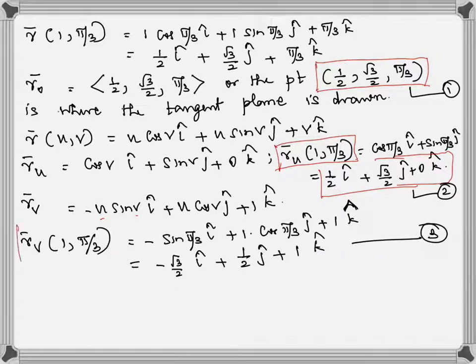We can get the cross product of these two in order to get the normal vector.